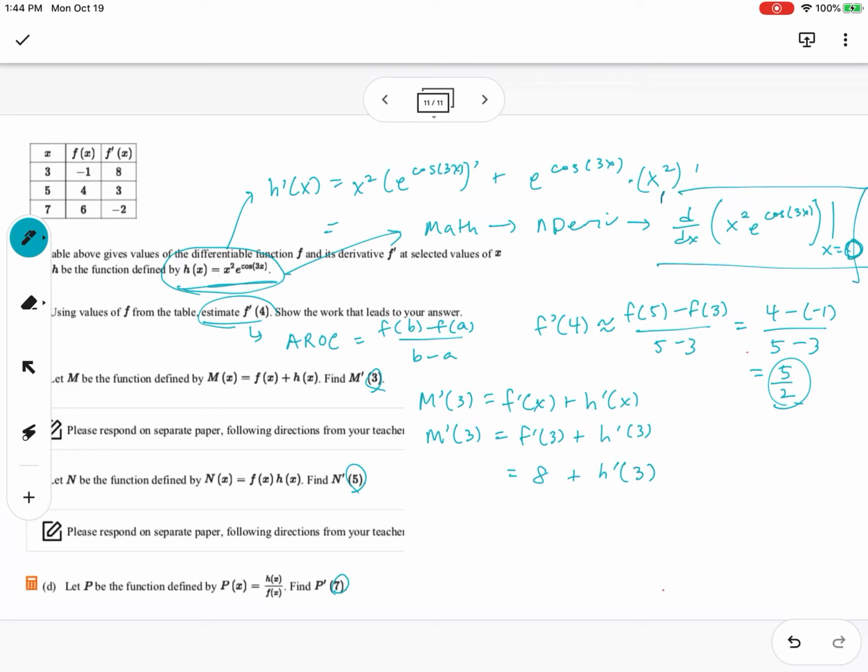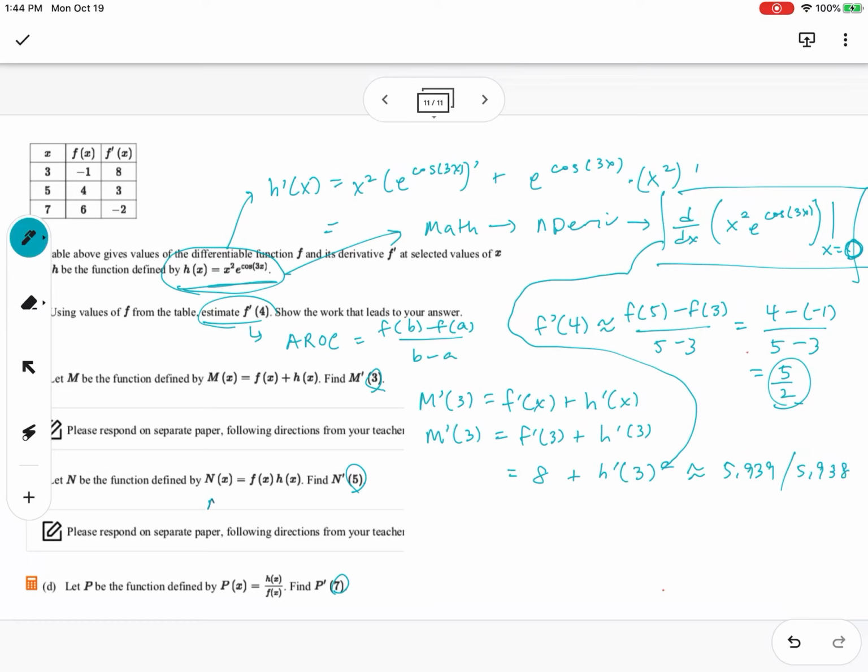And then for h prime of 3, like I mentioned here, you would take your calculator, type in this nderiv, and whatever number you get, you put there, and then you add that up. And then you would end up getting an answer of 5.939 or 5.938. Okay, so that's what we're looking for. So that's what it is for all of these parts.